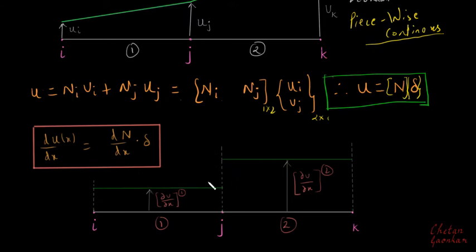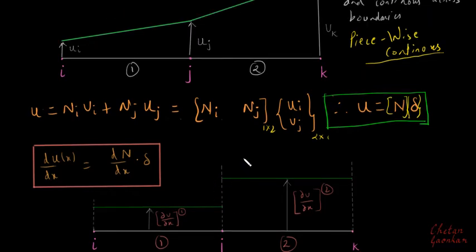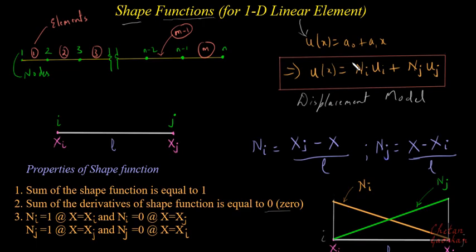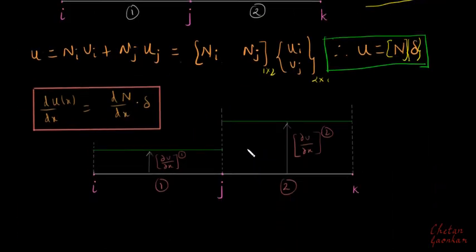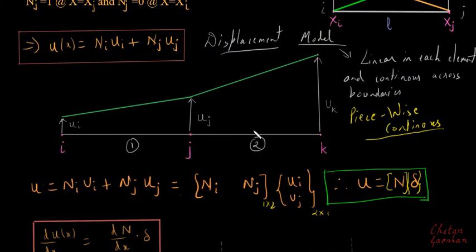We can observe this trend for the derivative, and this basically happens if we go for a linear polynomial function. If I want to remove this discontinuity, I can go for a higher degree polynomial. So this is what I wanted to discuss about the shape functions.